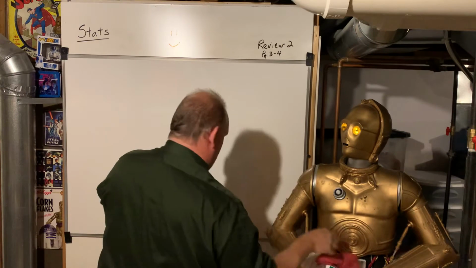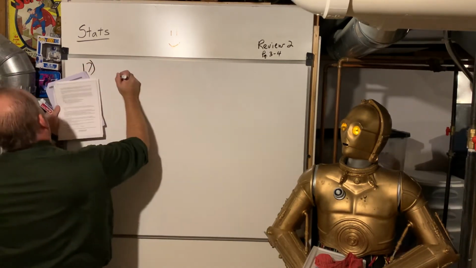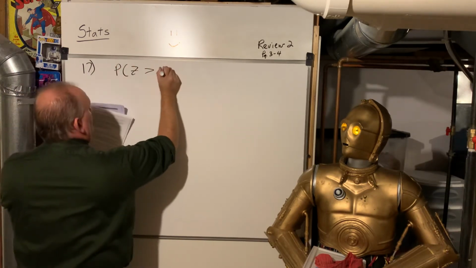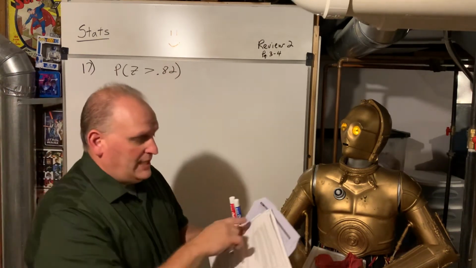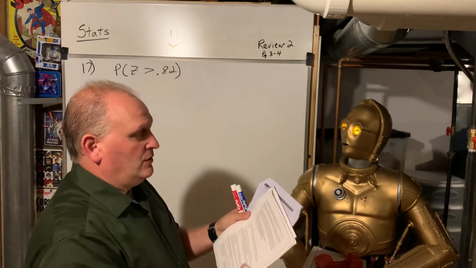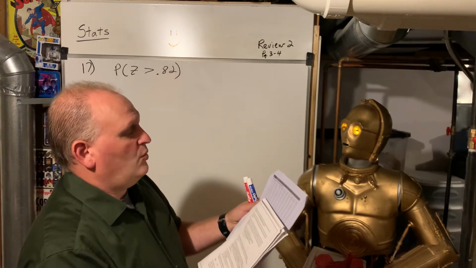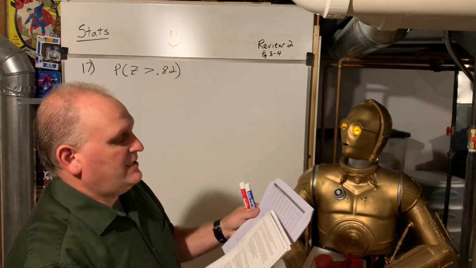Number 17, we're going to find the probability z is greater than 0.82. So again, you use the chart, you look up 0.8 on the left and follow it over until you see 0.02 on the top. So 0.82 is 0.7939.